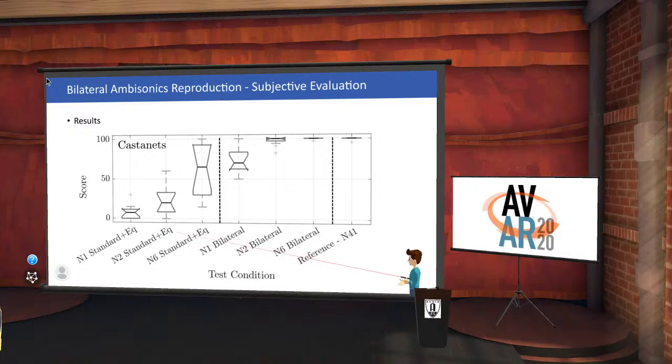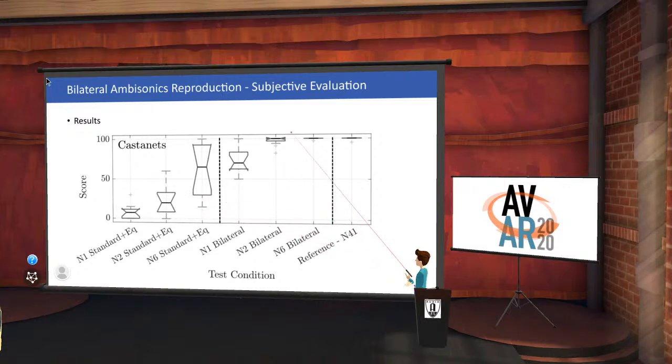We also applied tapering equalization and spherical head equalization that were suggested to improve the low order standard reproduction. Here we have the three other signals with the bilateral reproduction and with the same orders 1, 2, and 6. And we also have the results of the hidden reference.